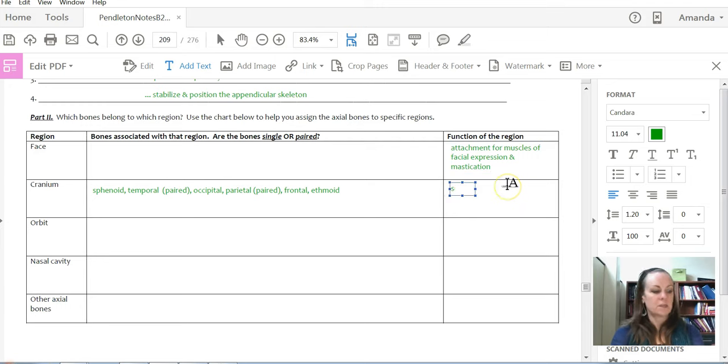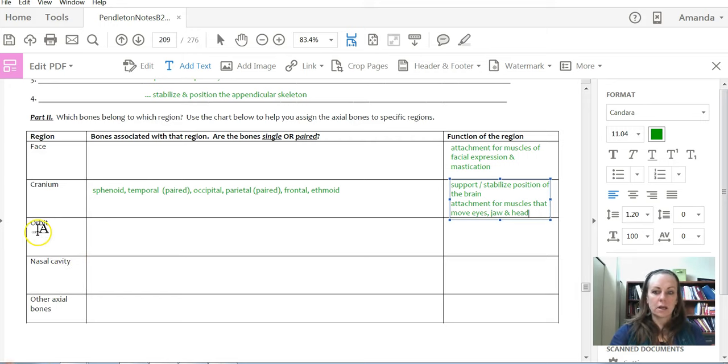For the cranium, this is going to give support and stabilize the position of the brain. And it's also going to be an attachment for muscles that move the eyes, jaw, and head. Okay, so these are going to be the functions of the cranium.